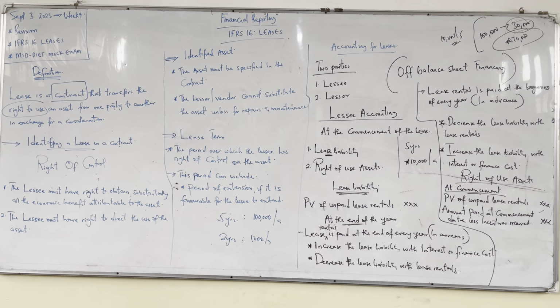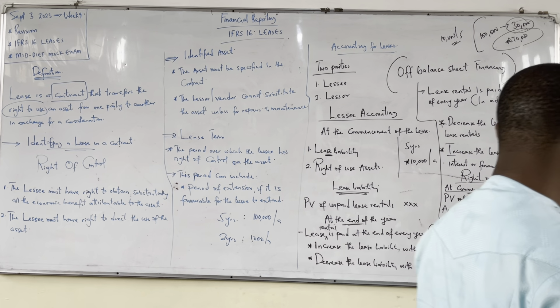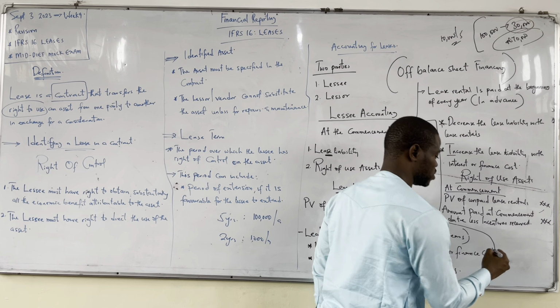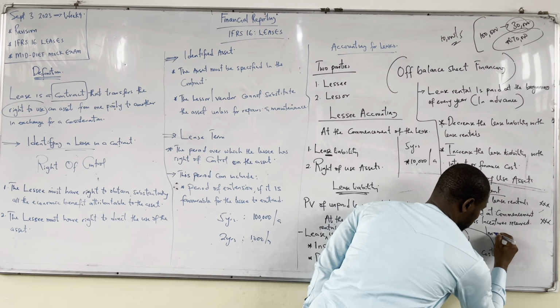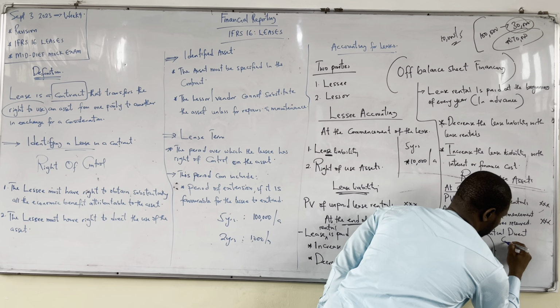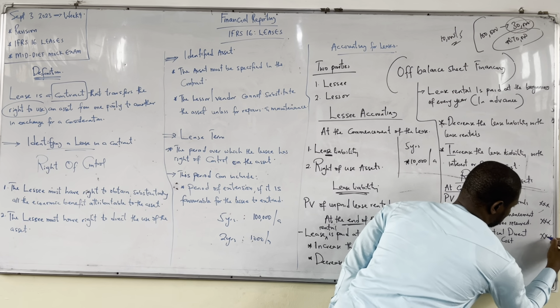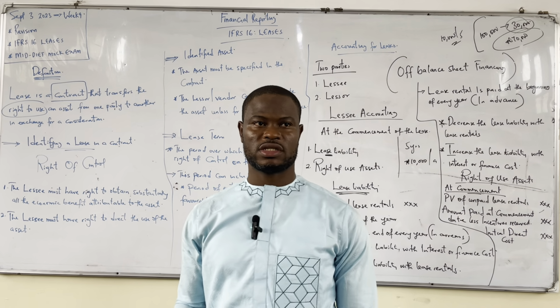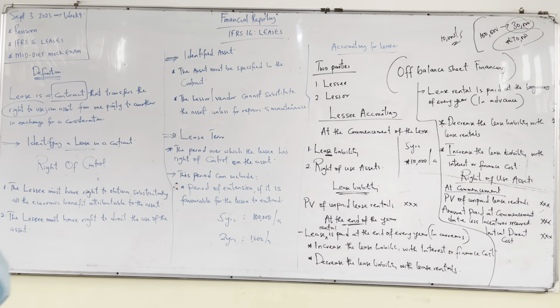But you know, when you have an asset, if you have to carry the asset from the supplier's office to your office, or maybe you have to get it ready, like all those directly attributable costs. If you have to incur that, any cost you incur to get the asset ready, we call it here initial direct costs, which is also added too.